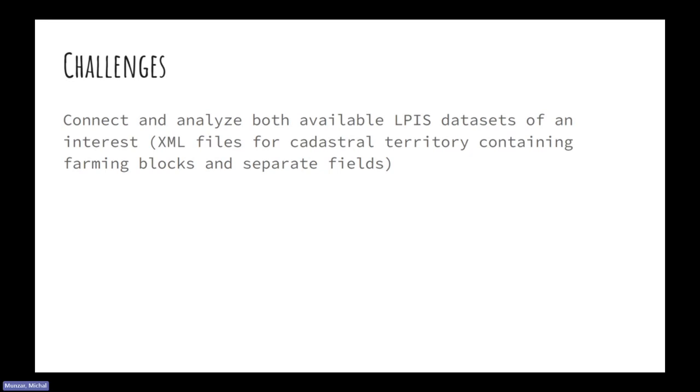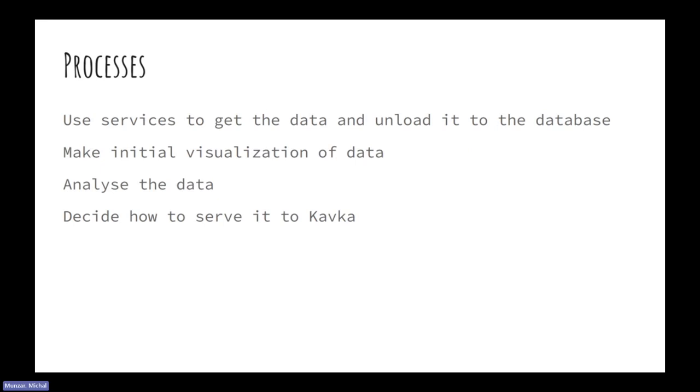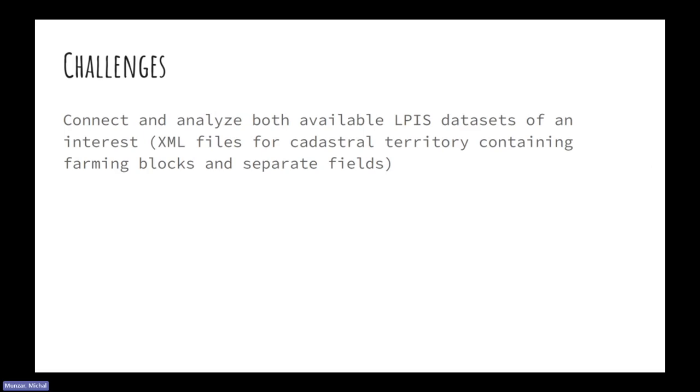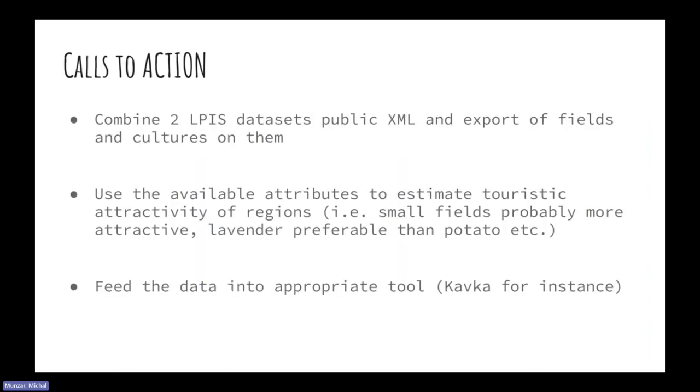We were thinking what attributes from these two interconnected data sets we could get to derive some attractivity of those regions. What came to mind is that usually small fields with more forests in between are more attractive for tourism.